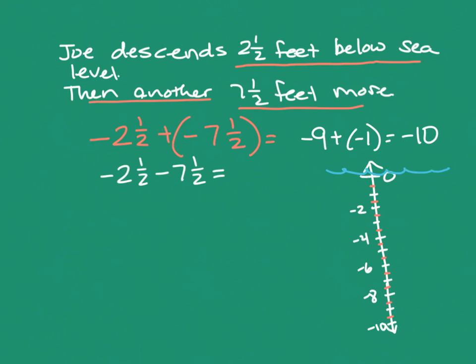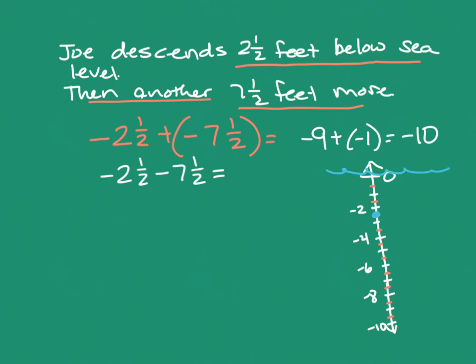So I'm going to start at -2.5. There's -1, -2.5 right there. I'm going to go ahead and mark that. That's my starting point. From there, I continued down another -7.5.